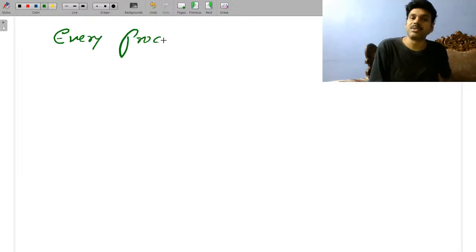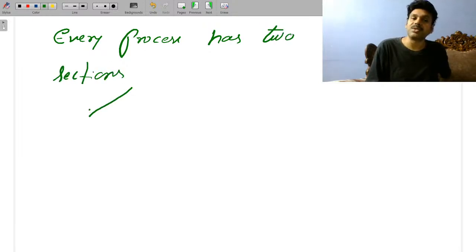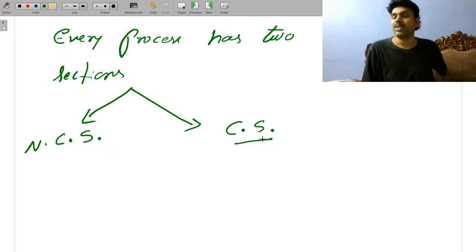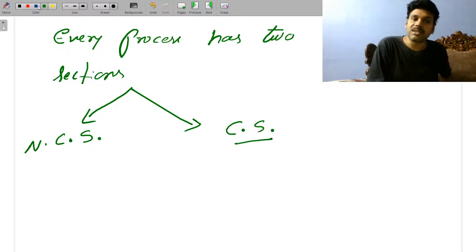every process has two sections. Please understand. One section is the non-critical section. Observe carefully. And one section is the critical section.